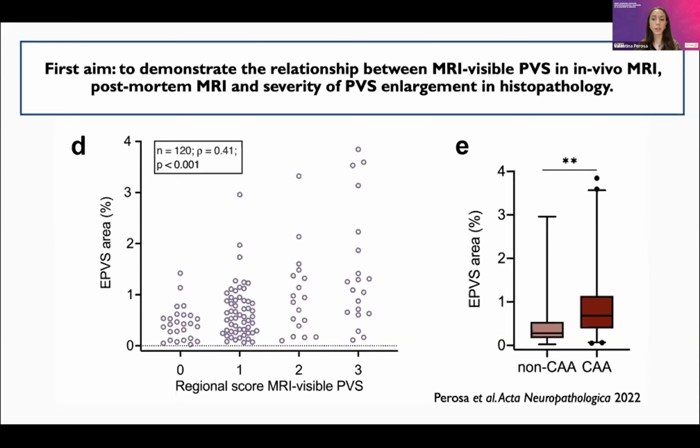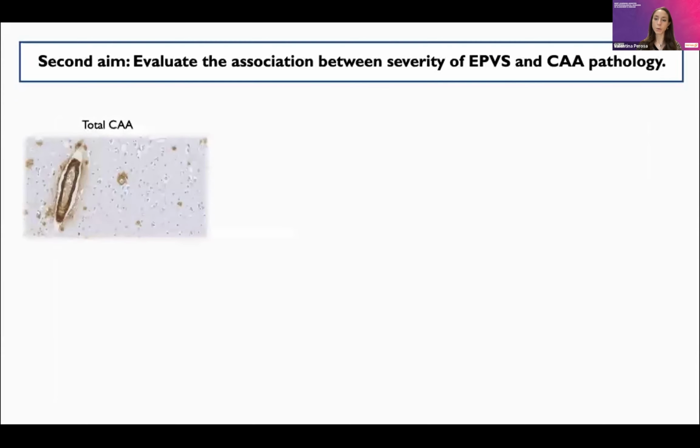And this was reassuring because it told us that we were looking at the right thing, especially because there has been some debate about whether what we see in the histopathology is possibly an artifact and not really the enlarged perivascular space. And also there was a significant difference between the severity of perivascular spaces in the CAA compared to the non-CAA control cases, but this was not very surprising.